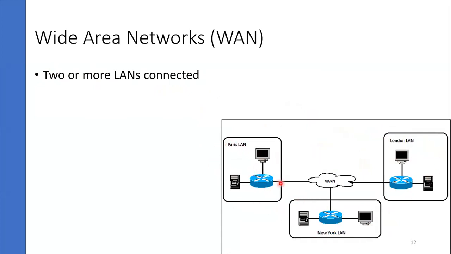Now, one LAN is in one country, and another LAN is in another country. So it can communicate between different geographical areas as well as different local area networks, different LANs.